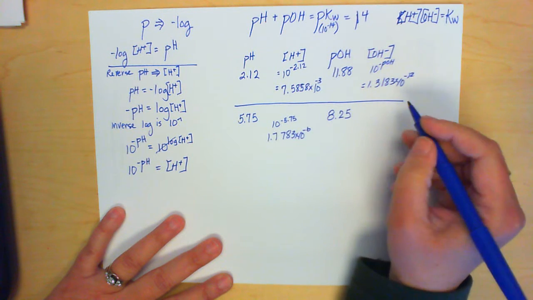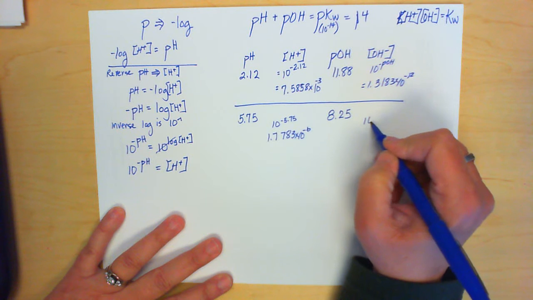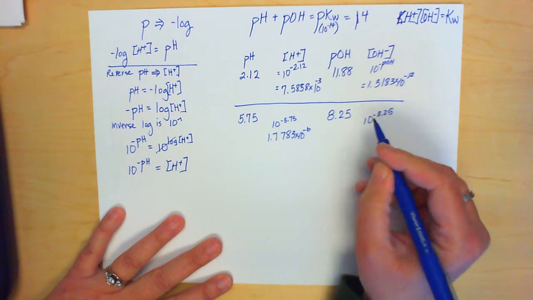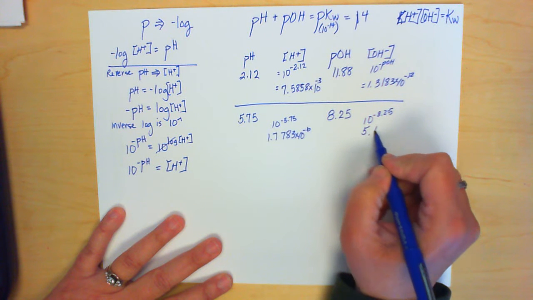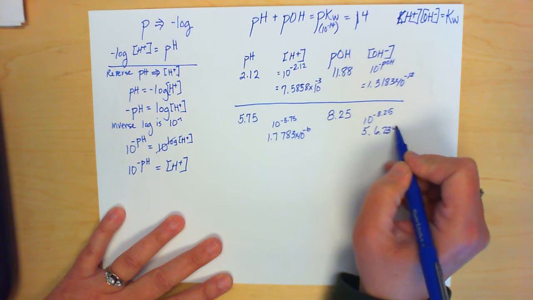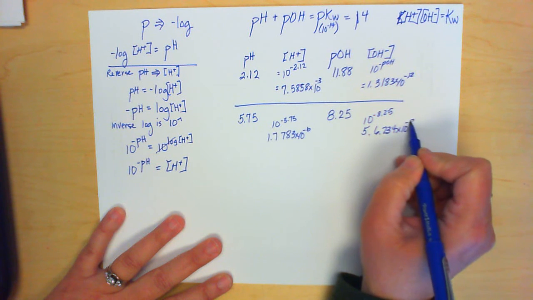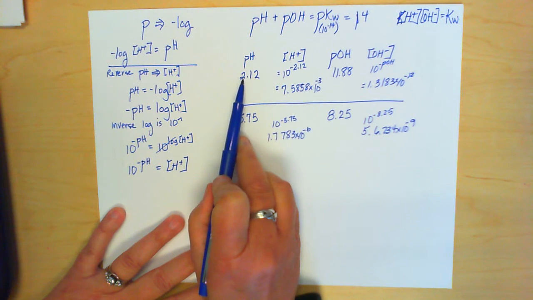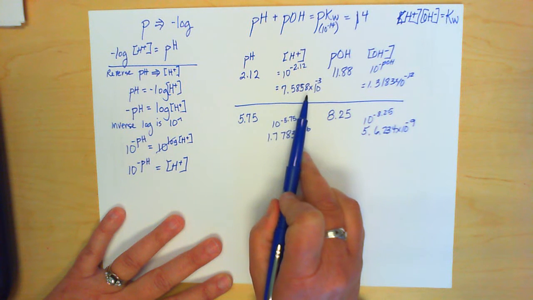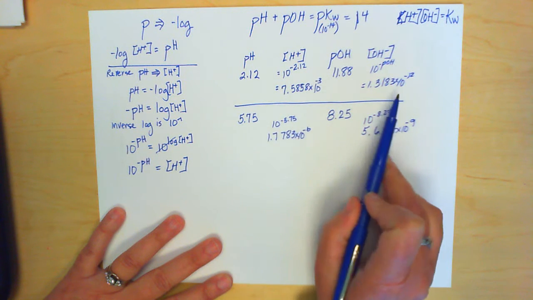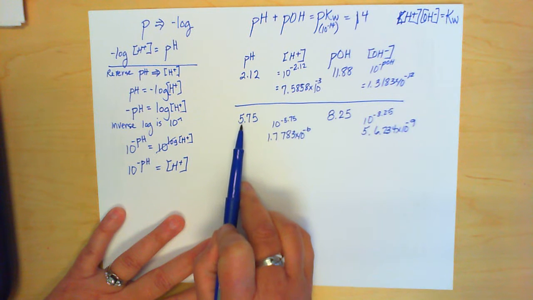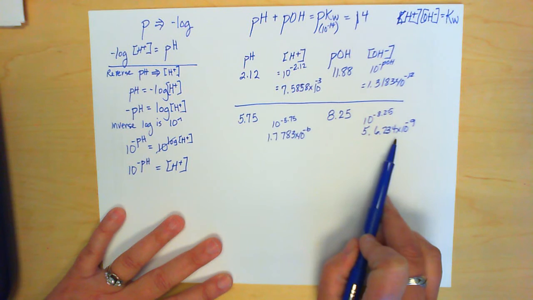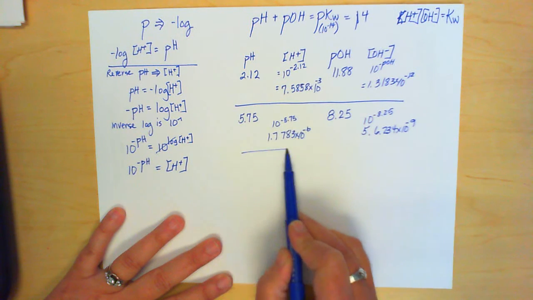To do my OH minus concentration, it's 10 raised to the negative 8.25, which comes out equal to 5.6234 times 10 to the minus 9th. Now, notice where the pH is really low, our hydronium ion concentration is much larger than our hydroxide. As our pH is rising, our hydronium ion concentration is dropping, and our hydroxide concentration is rising.